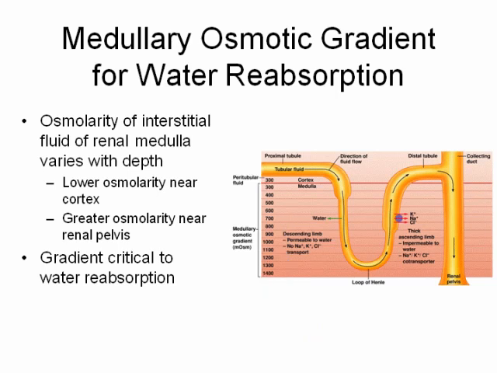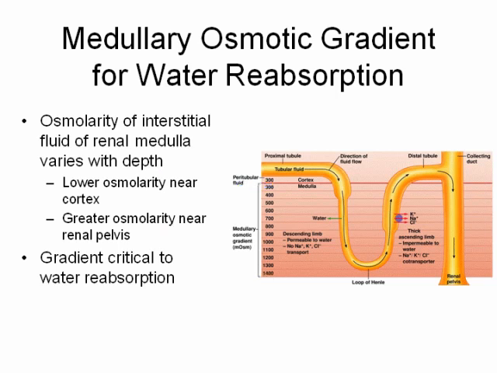So as we have our fluid coming in from the proximal tubule, coming down into the loop of Henle, and then out into the distal tubule, the osmolarity of this interstitial fluid, that is this fluid here, varies with depth. The osmolarity is the lowest near the cortex and is greatest down near the renal pelvis, which is at the base of the renal medulla.